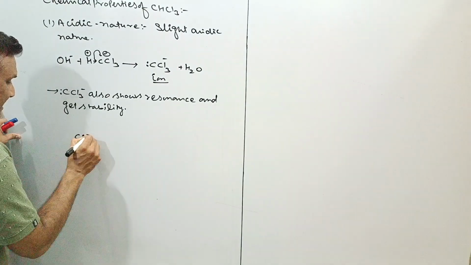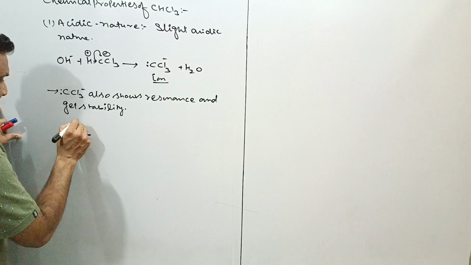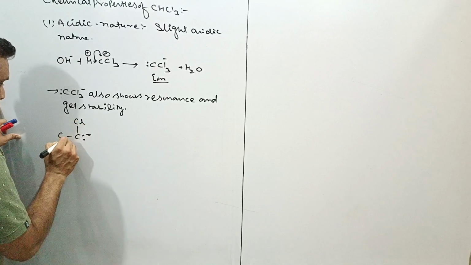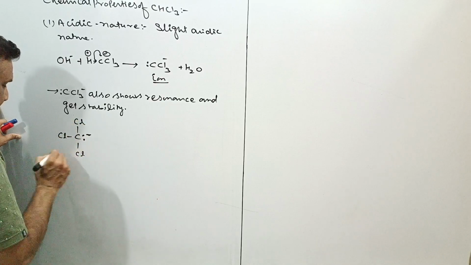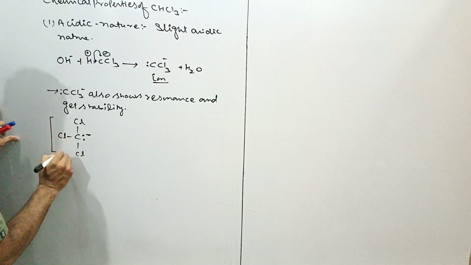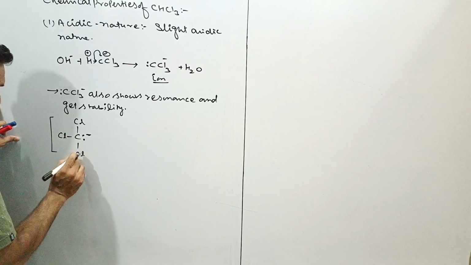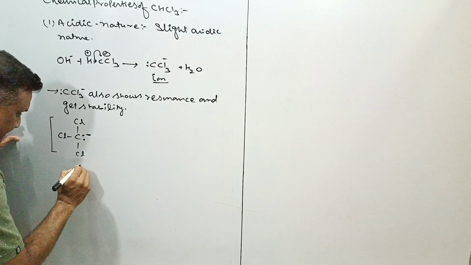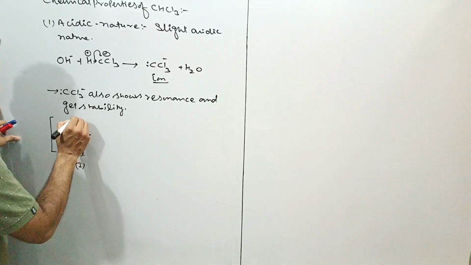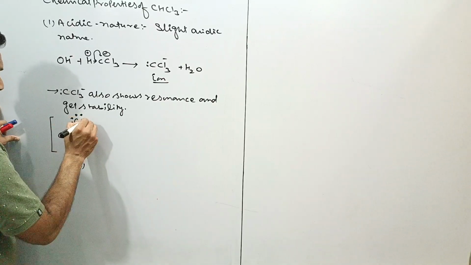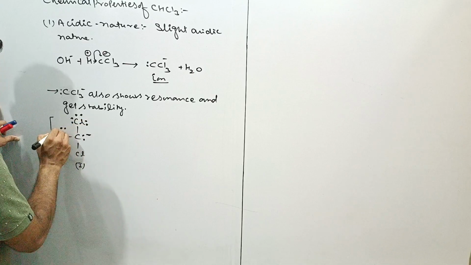This is the lone pair with negative charge. This is the Cl, this is the Cl, this is the Cl. This is the first structure. In this structure, each and every chlorine has 3 lone pairs like this.